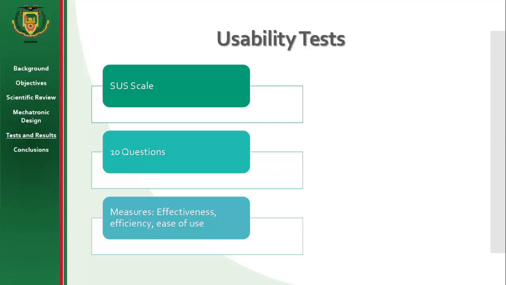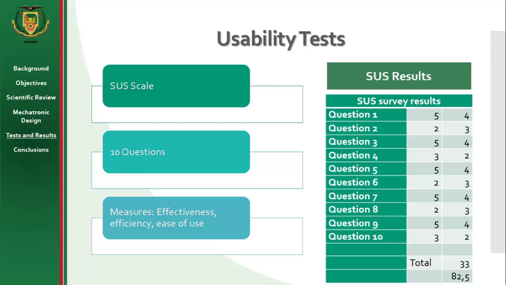After the 22 surveys were answered anonymously, the interpretation was carried out using the aforementioned scale, giving the result shown below in the table. The result of the survey was 82.5 out of 100, which indicates that its acceptability is excellent.